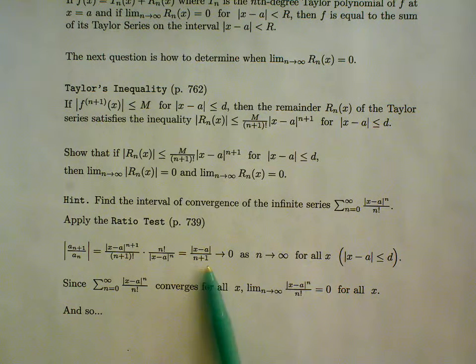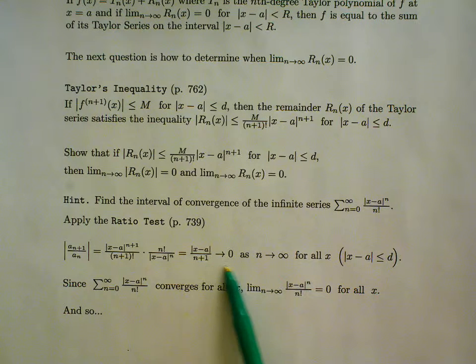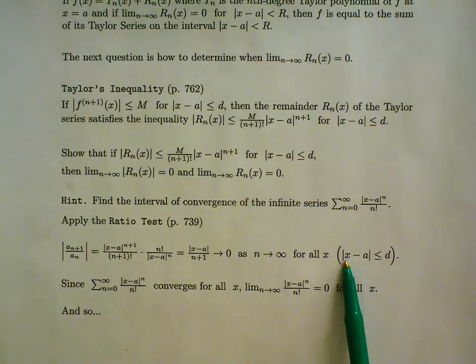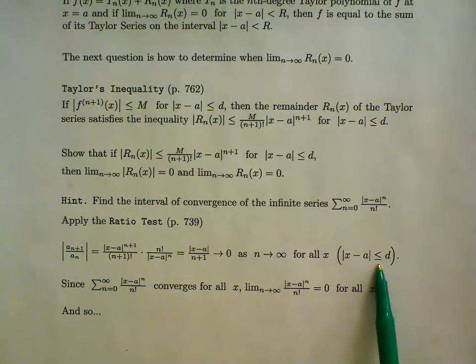This simplifies to the absolute value of x minus a over n plus 1. And as n goes to infinity, this goes to 0, for all x, where the absolute value of x minus a is less than or equal to d.